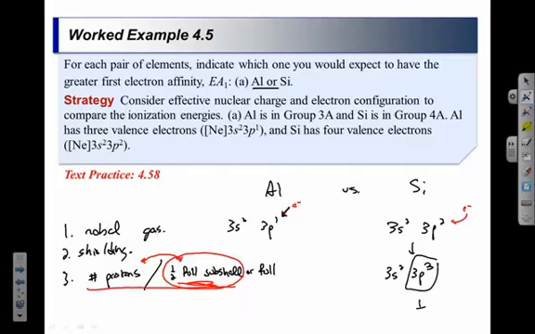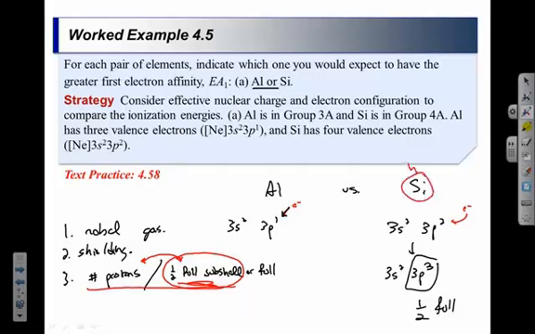And this is exactly half full. So does that mean the aluminum or the silicon is going to have a slightly higher attraction for that electron than expected, or a slightly lower attraction? Slightly higher, right? Putting that electron in makes it more stable and makes the subshell half full, so that will have a slightly higher attraction than normal. So that is the deciding factor.